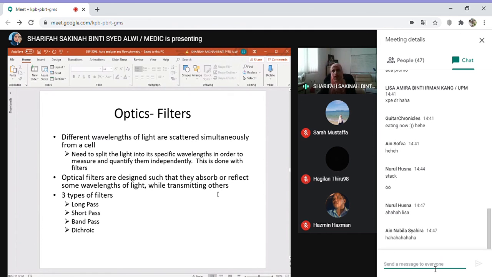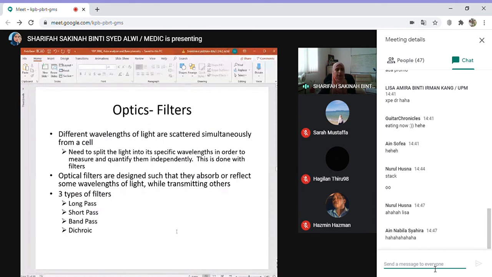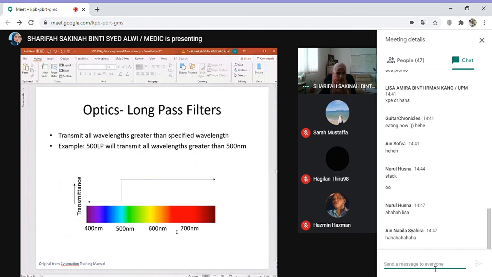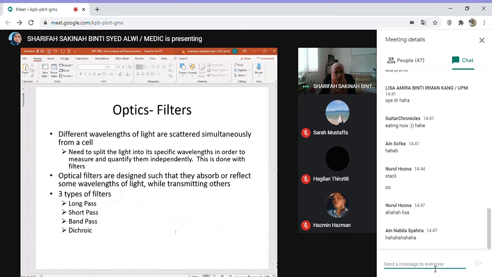This is the important part of the optics. Usually there are types of filters: long pass, short pass, band pass, and dichroic. I'm going to stop at this slide, where you have more of the filters ahead.